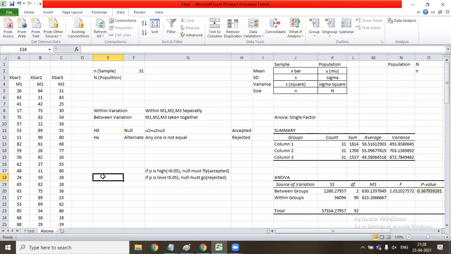You will get an idea about the population from the sample.